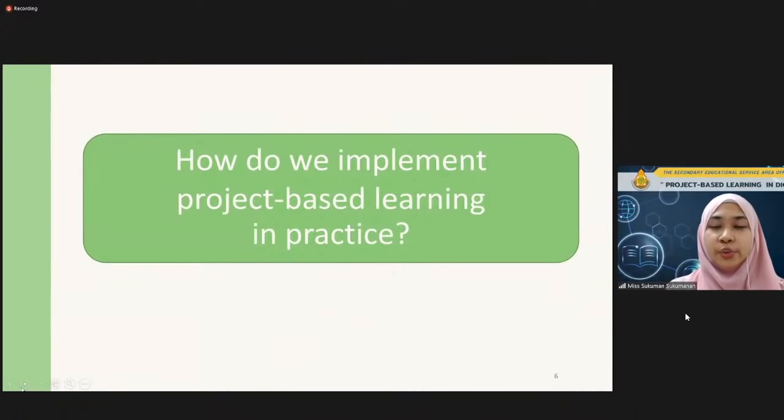So how do we implement project-based learning in practice? How will we really use it in the classroom or expand it to the school level? In my opinion, giving the whole piece of cake, the big one, to the student, they cannot absorb it.